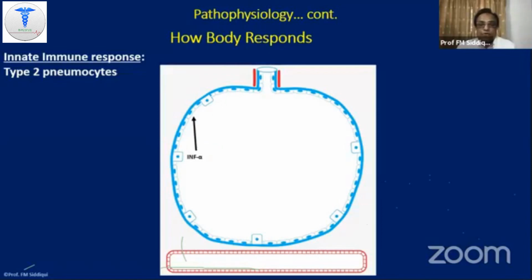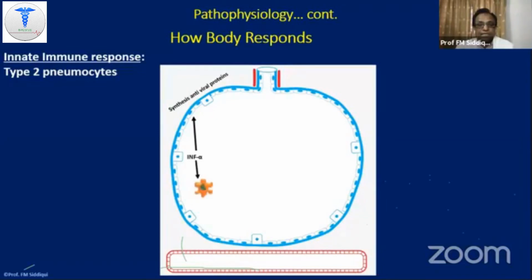And whenever the surrounding cells get information by interferon alpha, they have, by default, a genetic mechanism by which they produce antiviral proteins. And these antiviral proteins stop the invading virus in a way that they stop synthesis and replication of the virus.